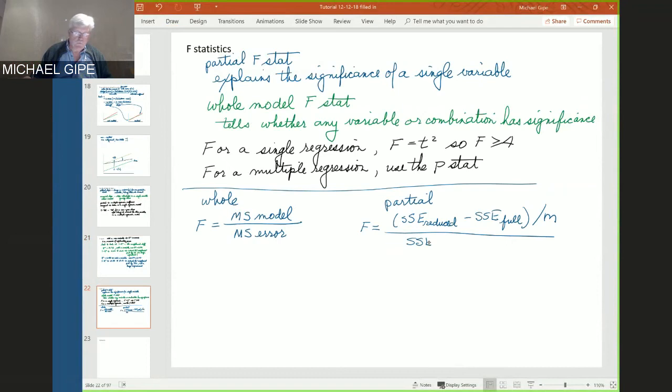Divided by the sum of the squared errors of the full model, divided by n minus k minus 1. And m is the number of parameters eliminated, typically 1.